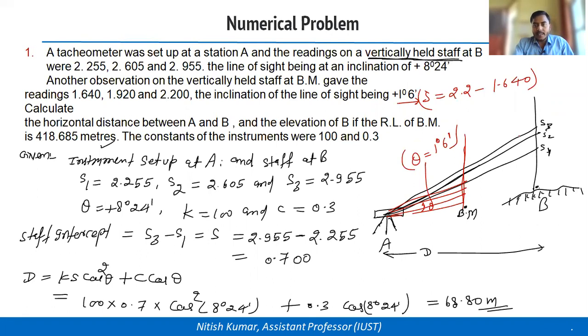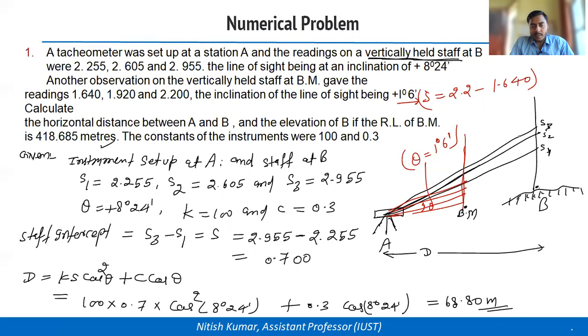Then we calculated the horizontal distance and V. For the other place where the BM benchmark was, we kept the staff vertically at BM and took readings S1, S2, S3, that is 1.640, 1.920, 2.200, and the RL of benchmark was given, that is 418.685 meters.